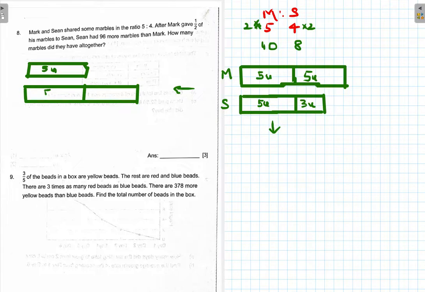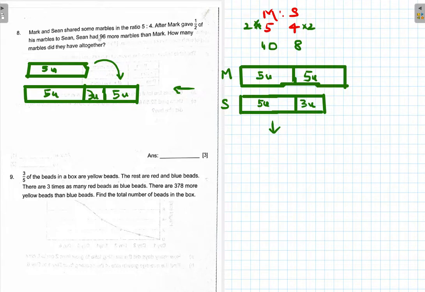Here is 5 unit, and then here is the 3 unit that Sean initially had, and then add one more 5 unit here because of what was given by Mark. This 5 unit was actually given by Mark.